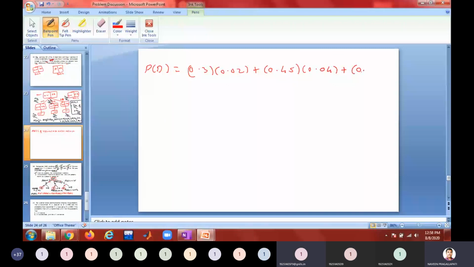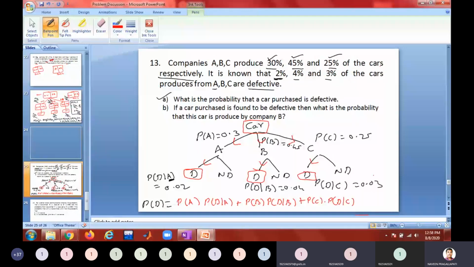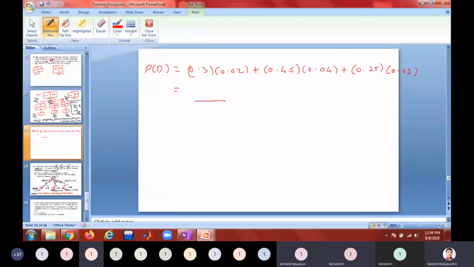You just compute this. It is 0.0315. That's the total probability.